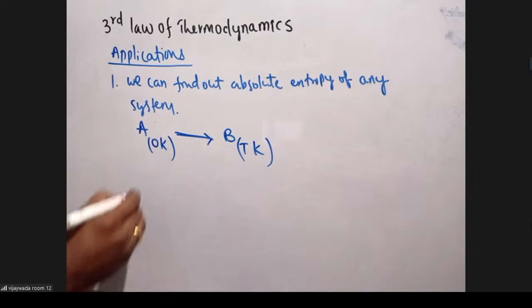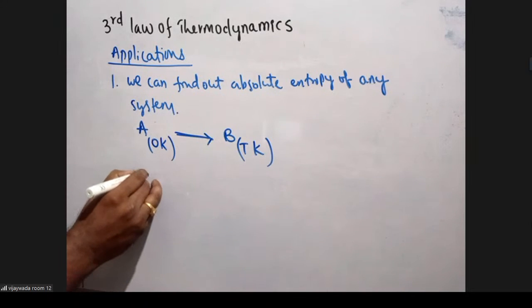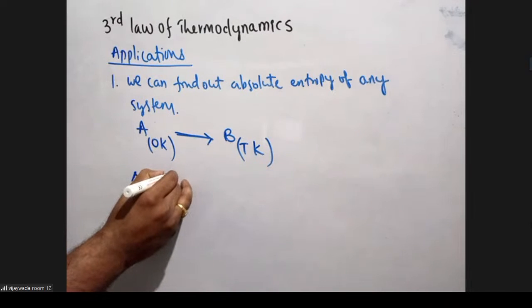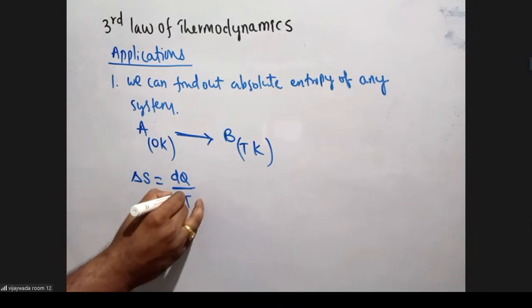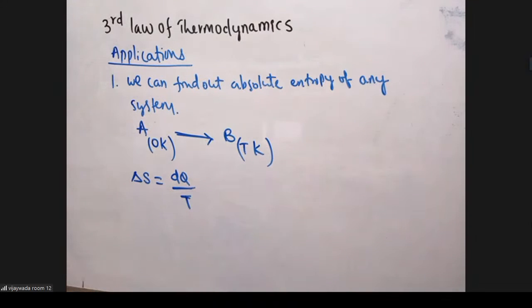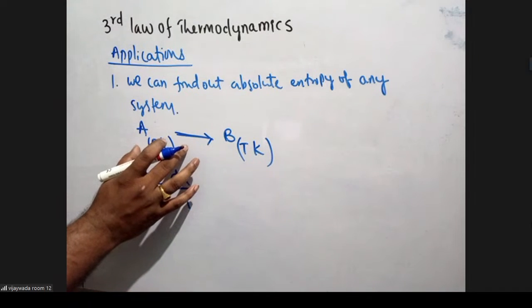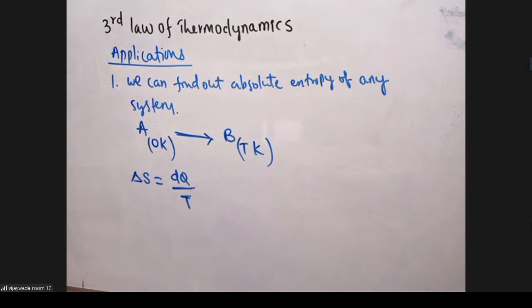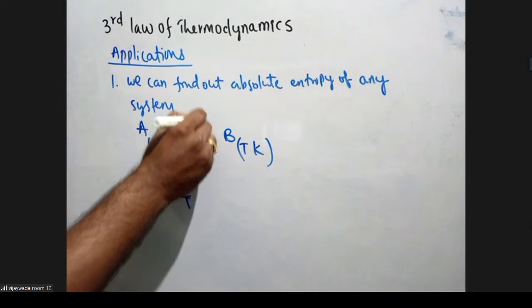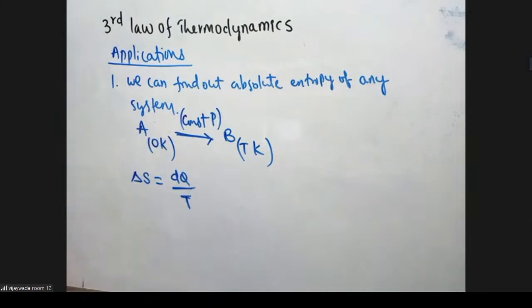Now delta S for this is dq by T. We know the equation for delta S. Generally, chemical processes or some physical processes occur mostly at constant pressure. Let us consider we are doing this at constant pressure. At constant pressure, the heat energy is called enthalpy.